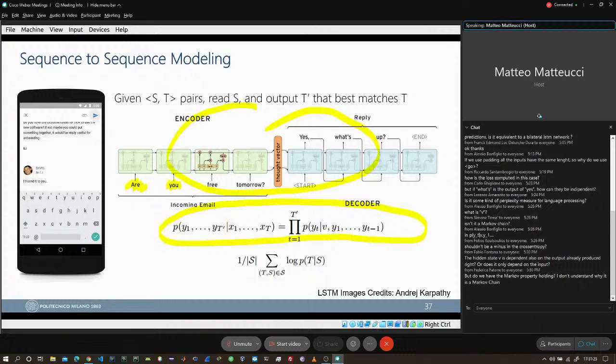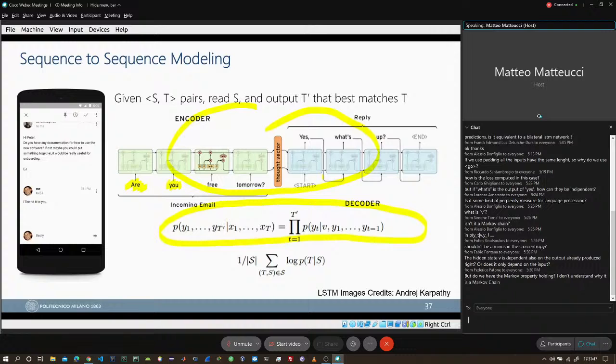Please wait 15 minutes and I will give you a more detailed answer, but I can already tell you that the answer is no. The Markov property does not hold. The problem is that if you try to model the full joint distribution of a text, it is basically unfeasible.